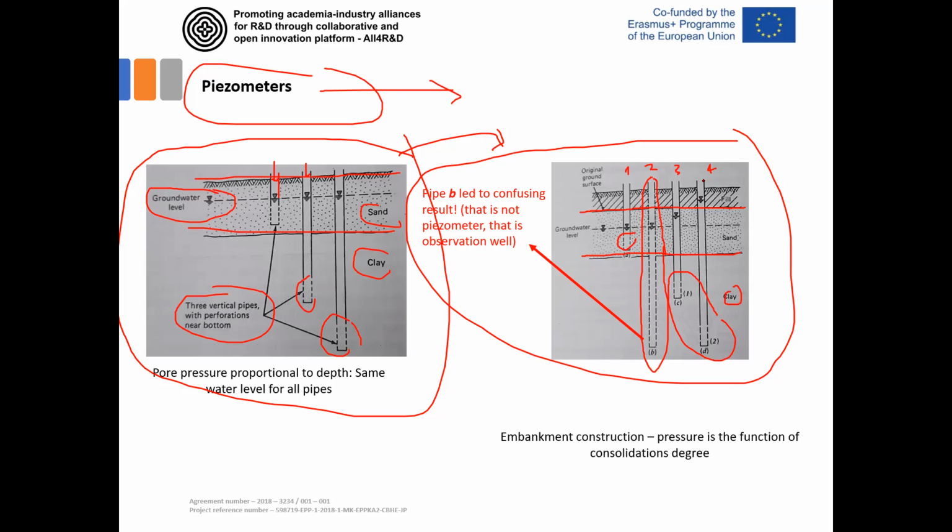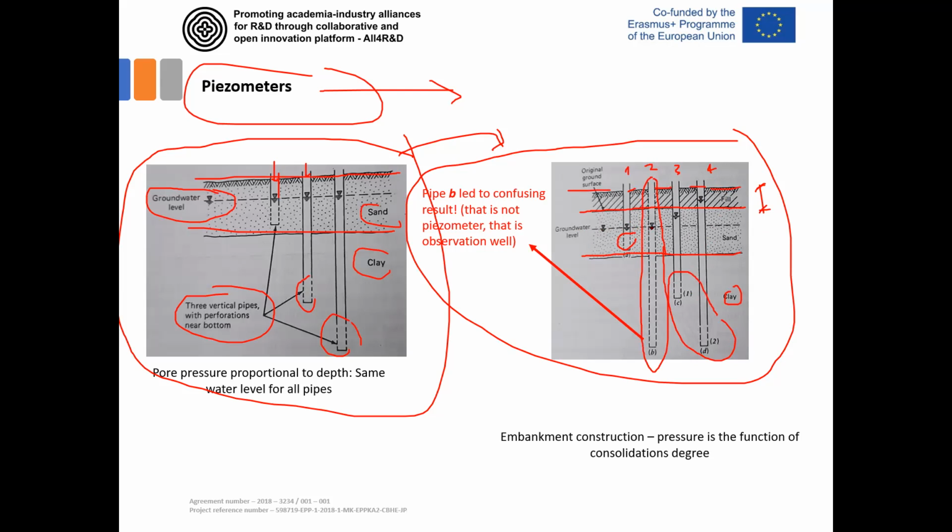Now what happens if you apply some fill, some additional surcharge load at the top of the surface, like an embankment or platform, to increase the height of this surface? You will see quite different water levels observed here.